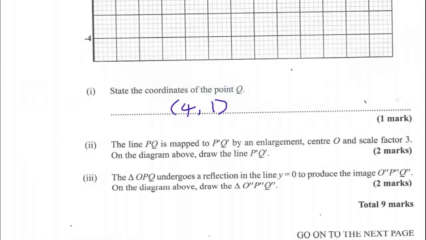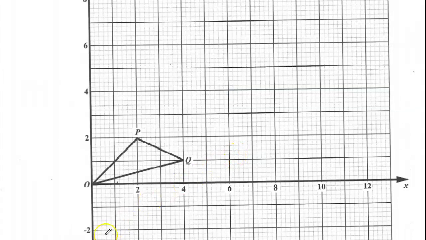So the center is 0, 0, scale factor of 3, which simply means that to get the new coordinates of this triangle, you multiply all the coordinates by 3. Alright, so let's draw the line P image Q image. Center origin, scale factor 3.